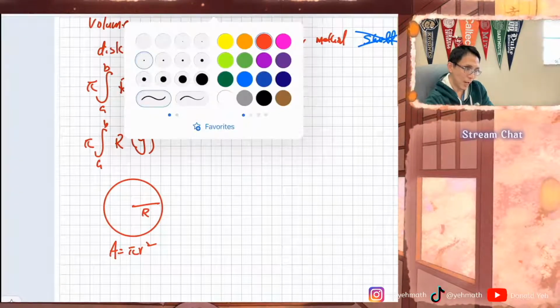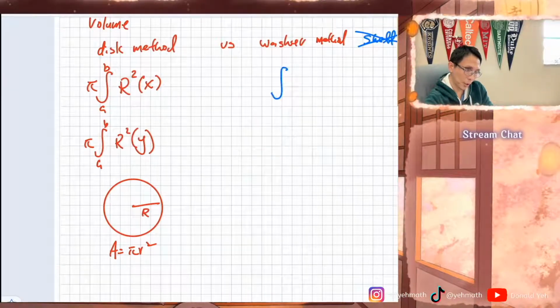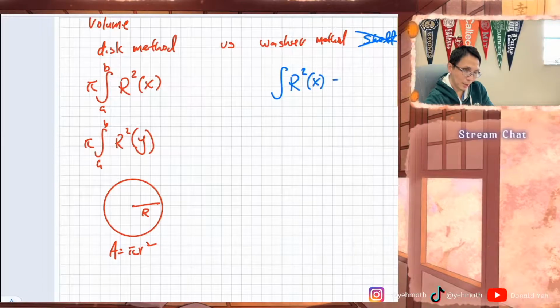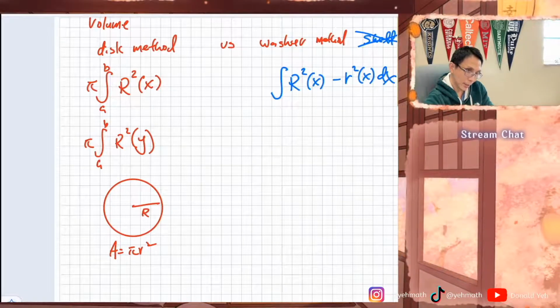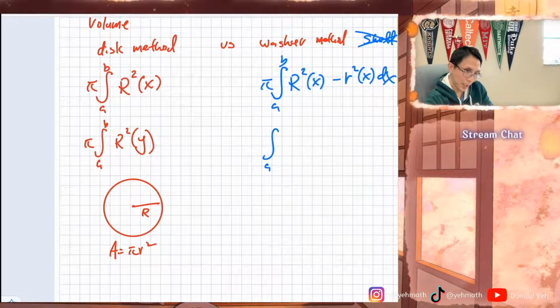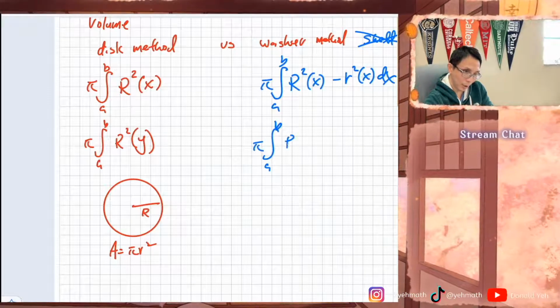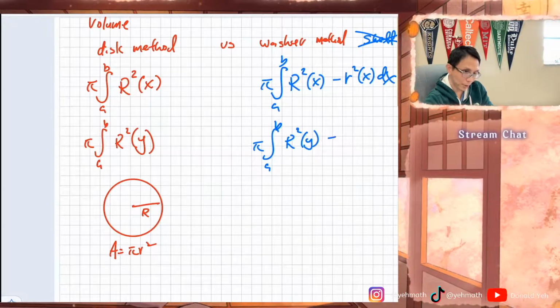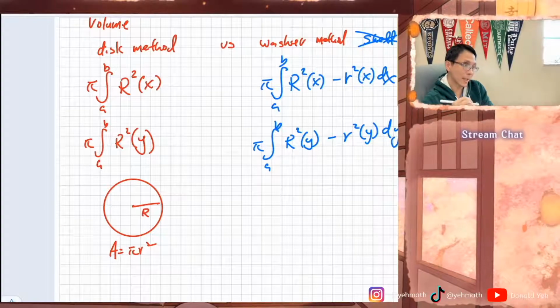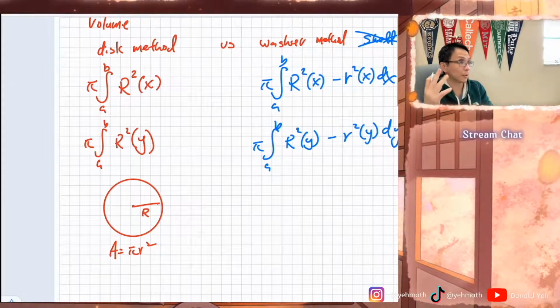Well, the washer comes from these shapes: the integral from a to b of pi times big R squared of x minus small r squared of x dx. And likewise the integral from a to b of pi times big R squared of y minus small r squared of y dy. I'm pretty much repeating it because I can do the y perspective as well, and the different perspective offers you different shapes.